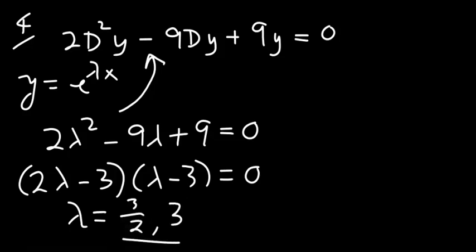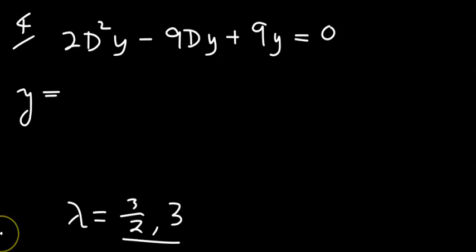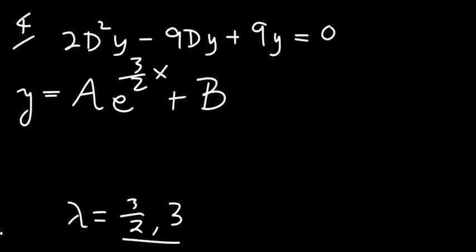So these two lambdas are real and distinct, or different from each other. That means the complementary function, or the general solution, is quite simply a, which is an arbitrary constant, times e to the power 3 over 2 x plus another arbitrary constant, call it b, times e to the power 3x.